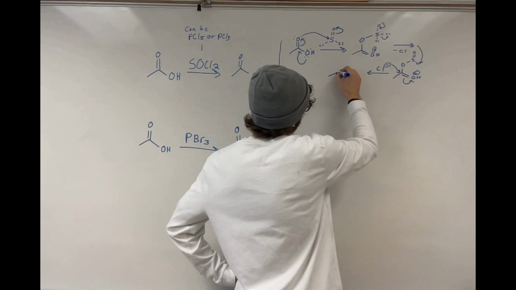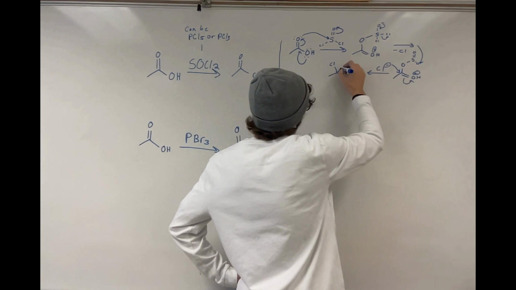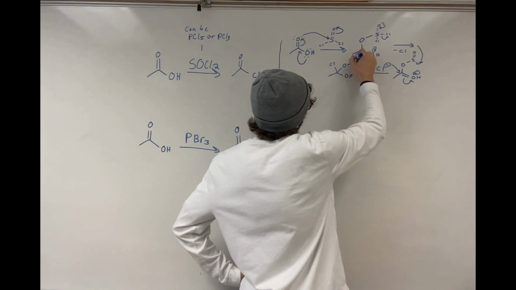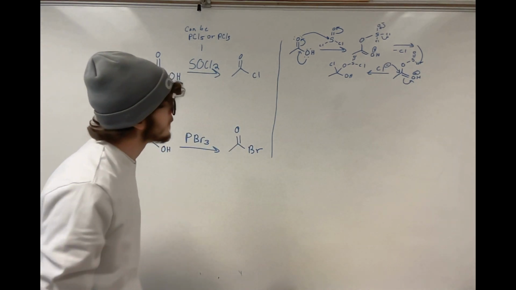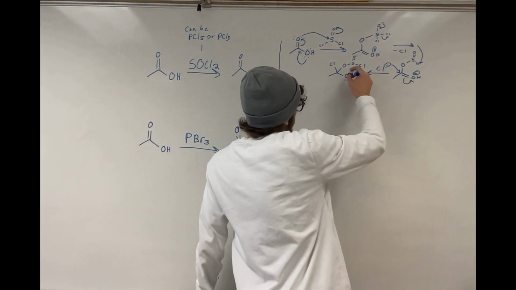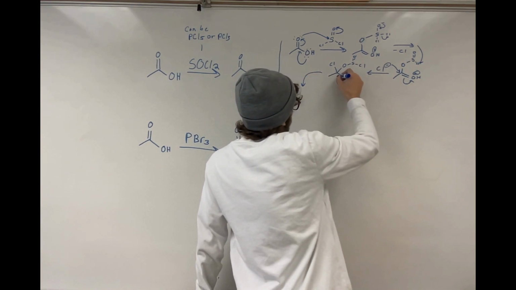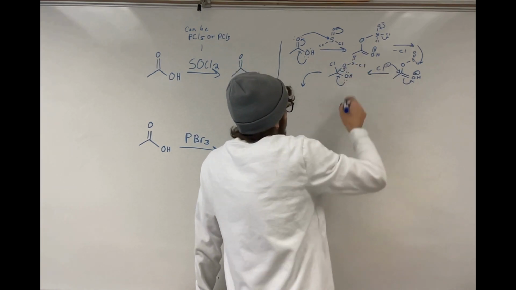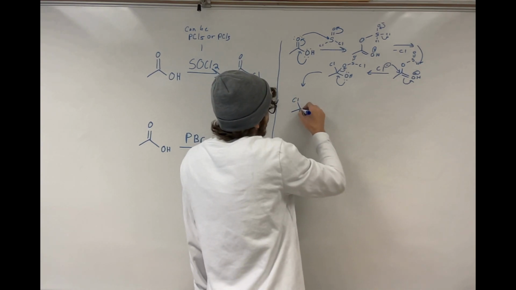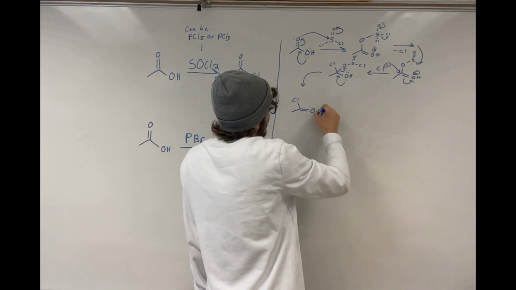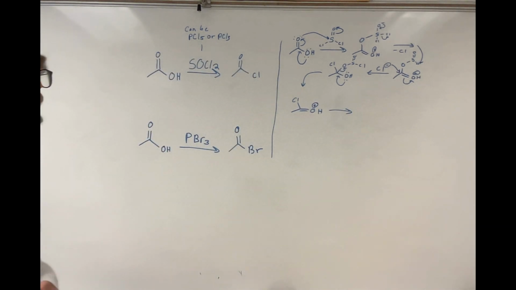So we're going to have OH, chlorine, and that decently good potential leaving group. So what happens next is these carbonyl electrons fold in, kick out, okay, and now we get the unhappy carbonyl once more, okay?